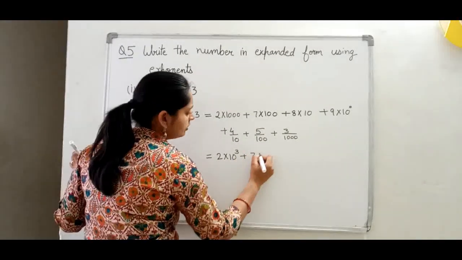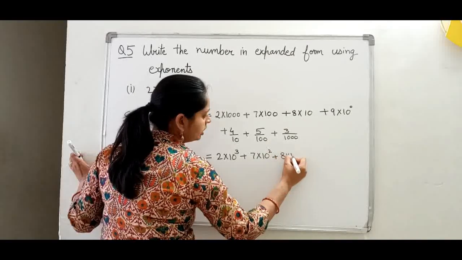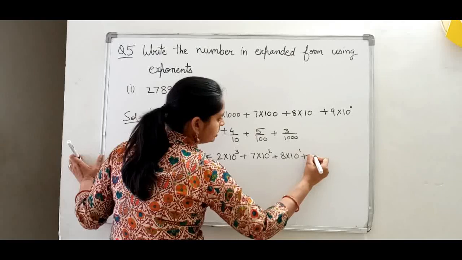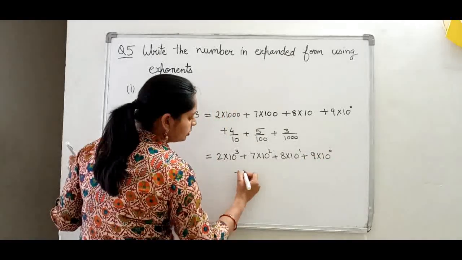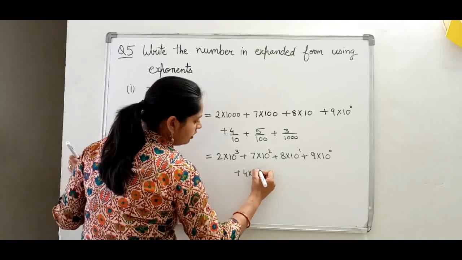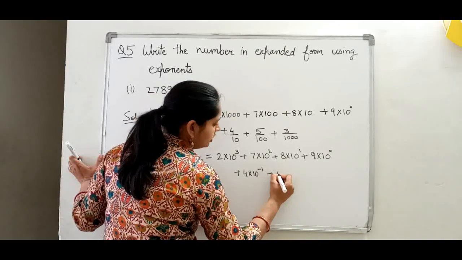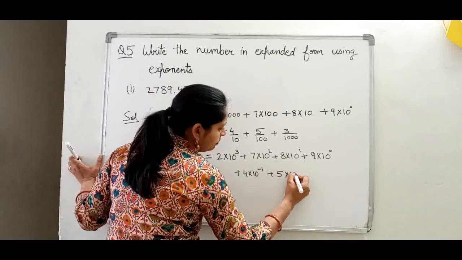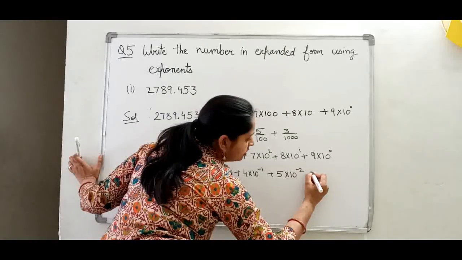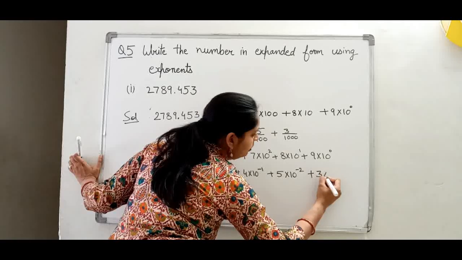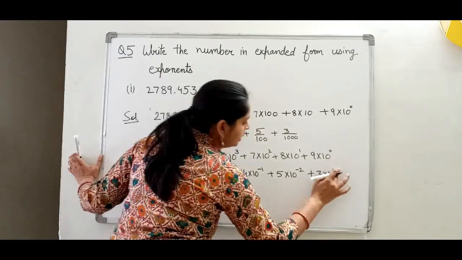Plus 7 into 10^2, plus 8 into 10^1, plus 9 into 10^0, plus 4 into 10^(−1), since it is 'upon', that means minus 1, plus 5 into 10^(−2), plus 3 into 10^(−3). This will be your expanded form with exponents.